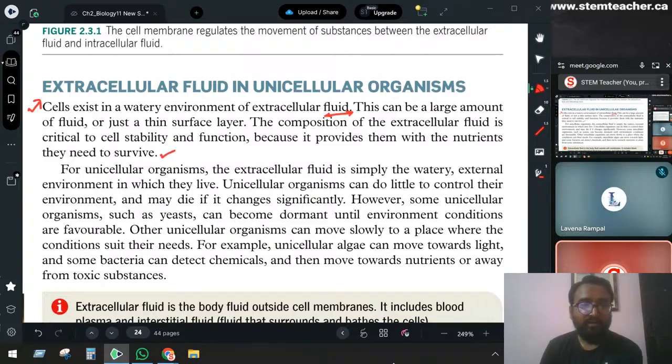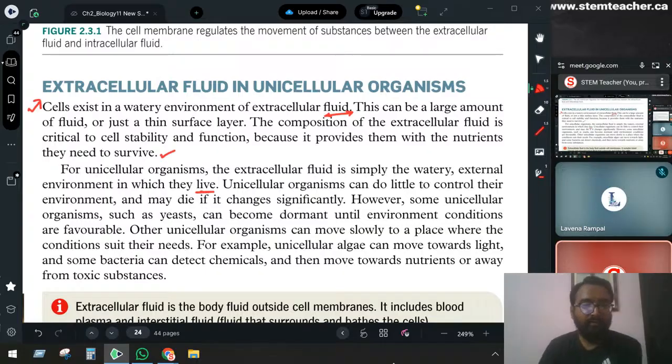For unicellular organisms, extracellular fluid is simply the watery external environment in which they live. Unicellular organisms can do little to control their environment. Basically, bacteria is very basic, then eukaryotic, then after that prokaryotic.